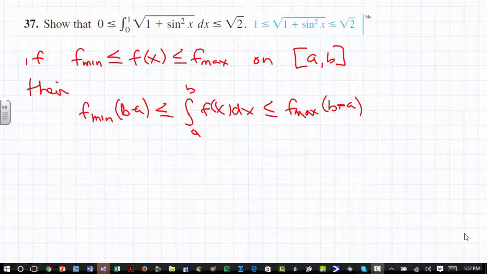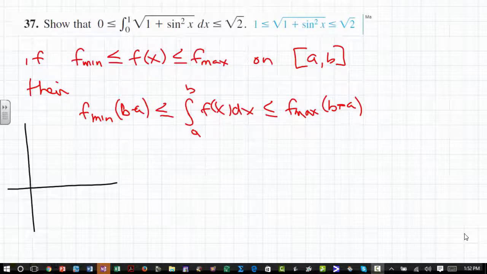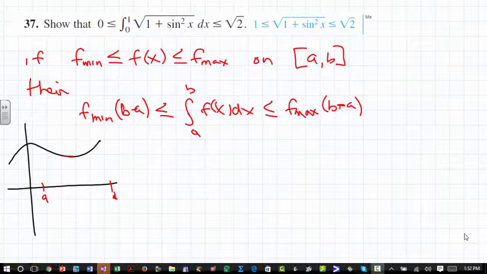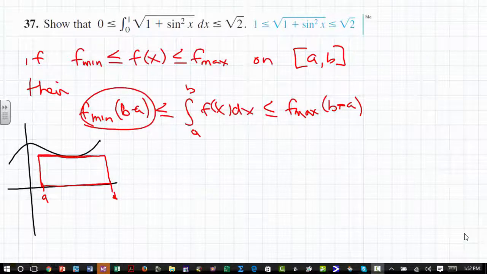What does it look like graphically? You've got your function f from a to b. This function has a minimum. And the product, b minus a times f min, is a box which totally fits under the curve and has less area than the area under the curve.